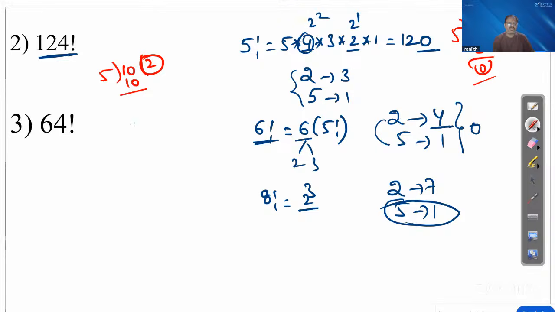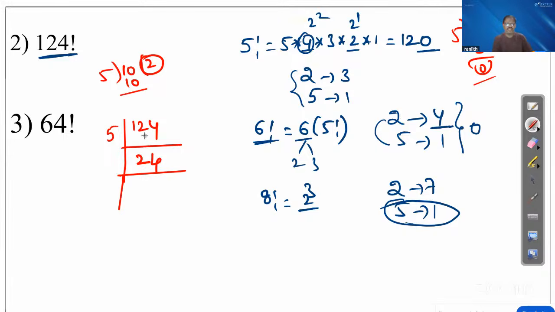Here we have 124 factorial. We need to divide 124 by 5. How many times can we divide? 5 24's are 120, remainder is 4. So 24 can be divided by 5 again 4 times. Is 4 divisible by 5?